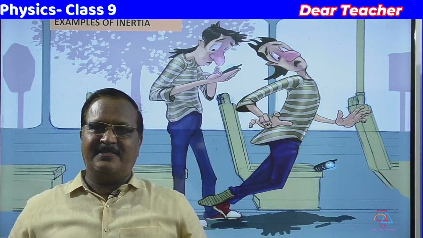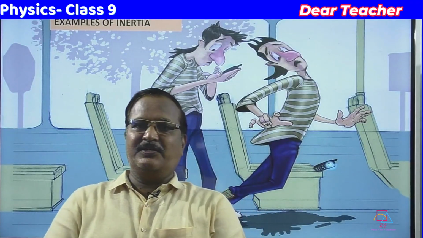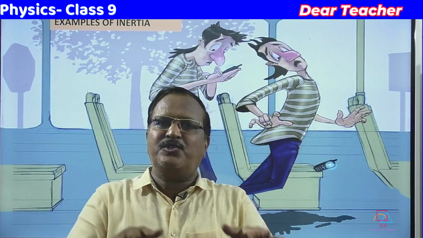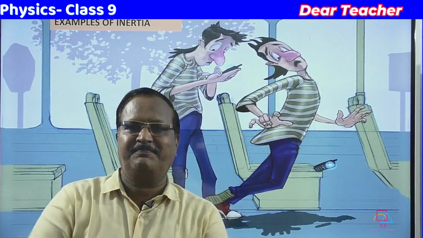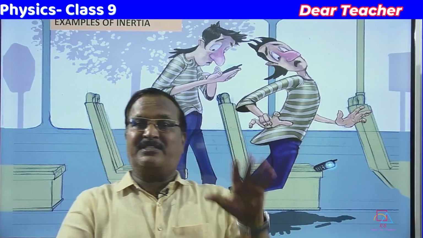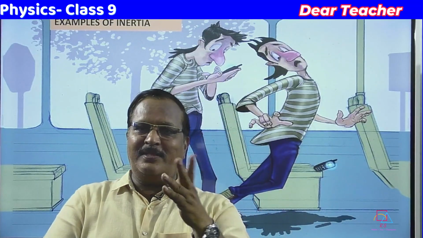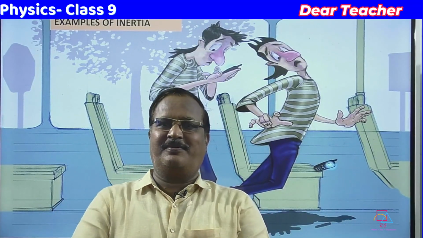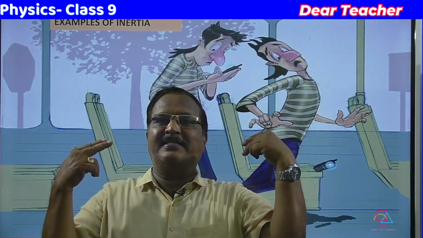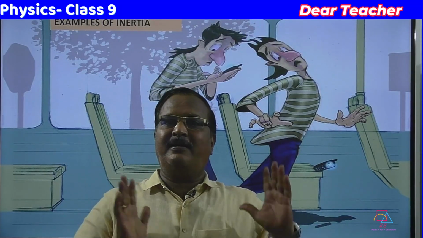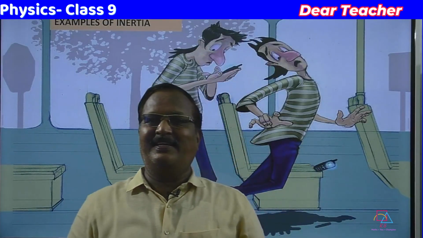The whole body is also in motion. So every body in motion continues to be in the state of motion. But suddenly the driver stops the bus, along with the bus my legs will stop, come to rest, but my remaining body is in the state of motion. Therefore my remaining body goes a little forward, falls forward. This is what is inertia.